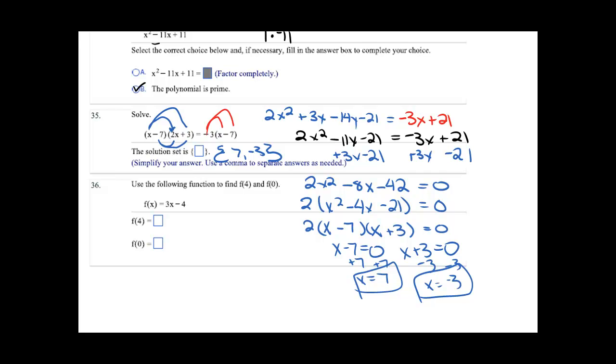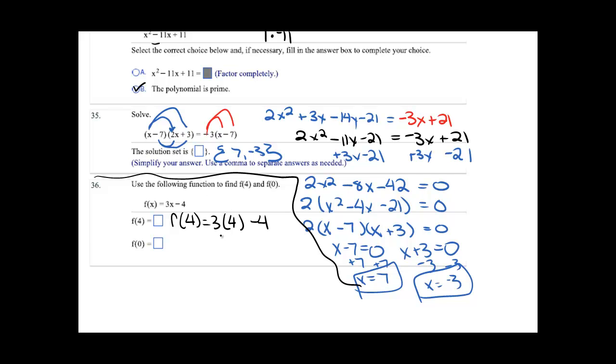For number 36, it wants us to use the following function to find f of 4 and f of 0. All that means is that where we have an x, we're going to do f of 4. So that means where there's an x, we're going to put parentheses, and then we'll put the 4 in there.